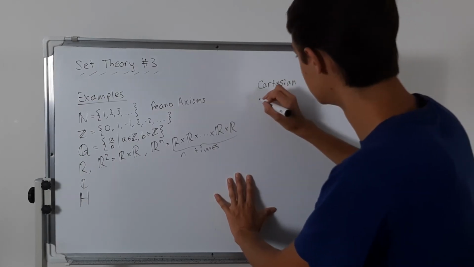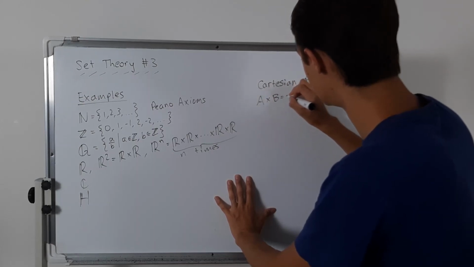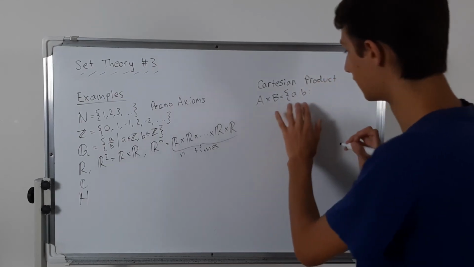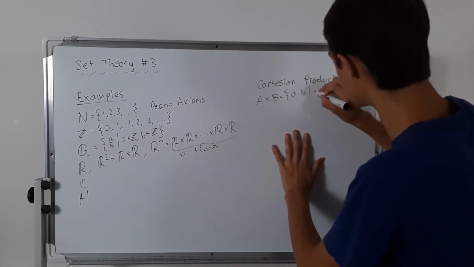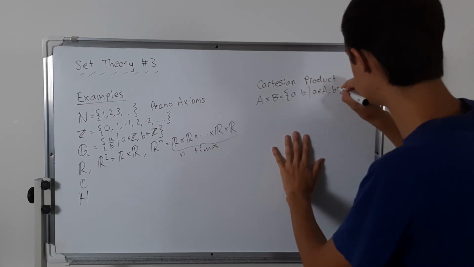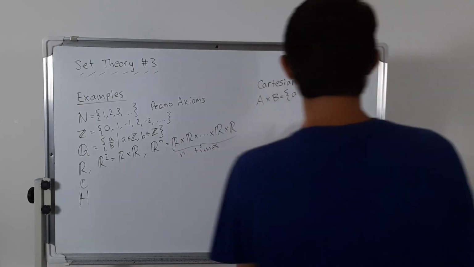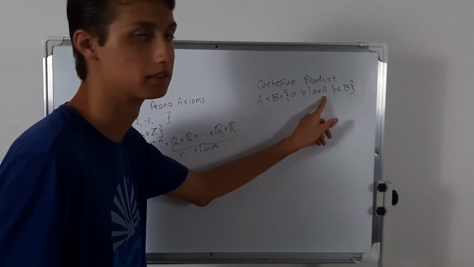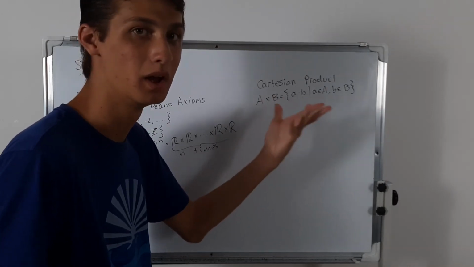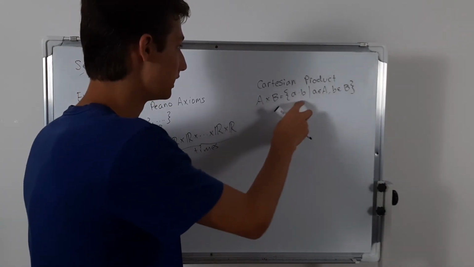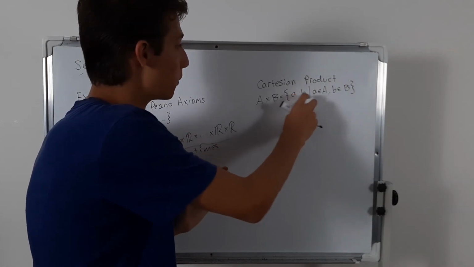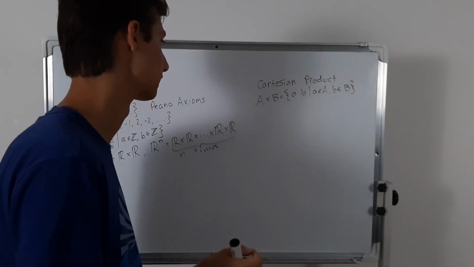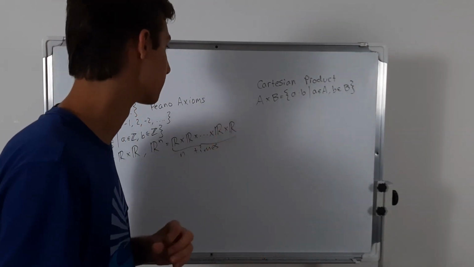If you have A times B, this is basically every element of the form a times b, and I can write it like this, where a is in the set A and b is in the set B. So you can see the advantage of having these letters be the same, just capitalized, because you can easily tell which comes from which set. So anything that's a times b, where a comes from A and b comes from B, forms the Cartesian product.